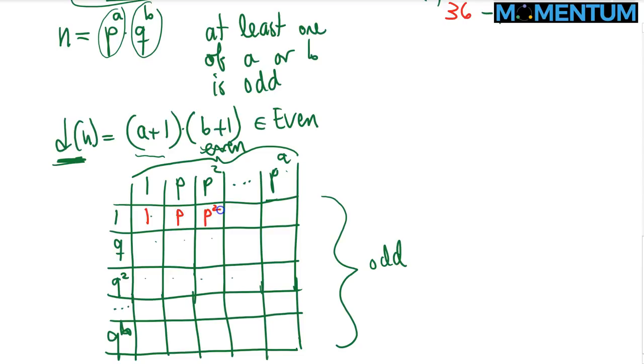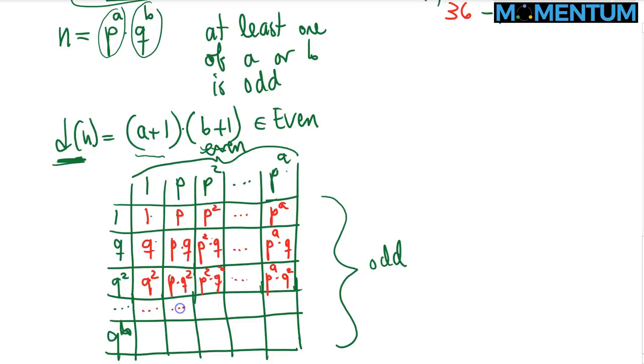So p, p squared, up to p to the power a. Then q, p times q, p squared times q, and so on, up to p to the a times q. Then q squared, p times q squared, p squared times q squared, up to p to the a times q squared.